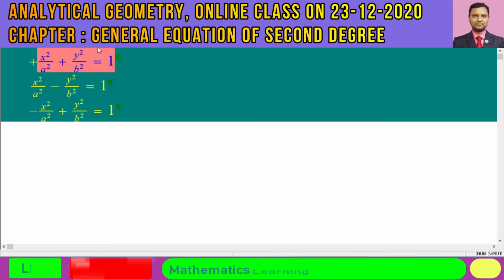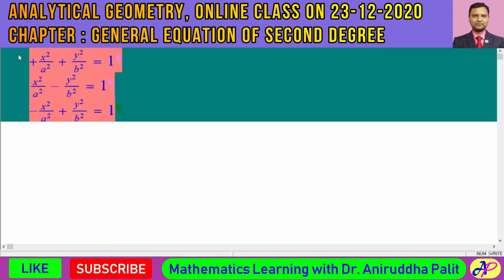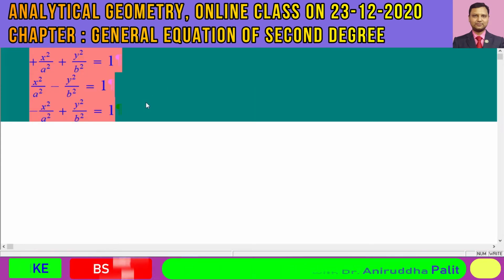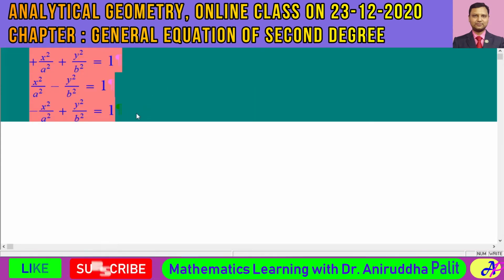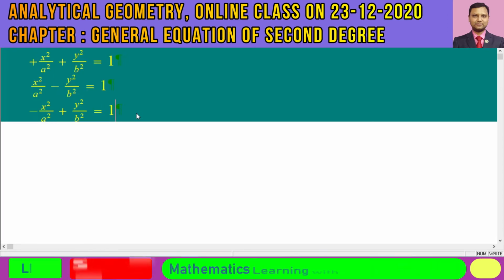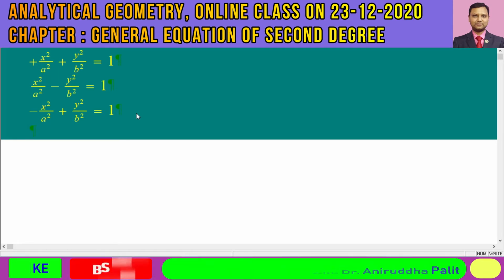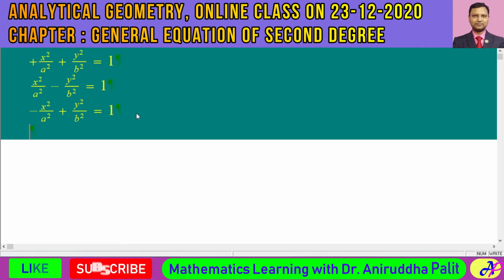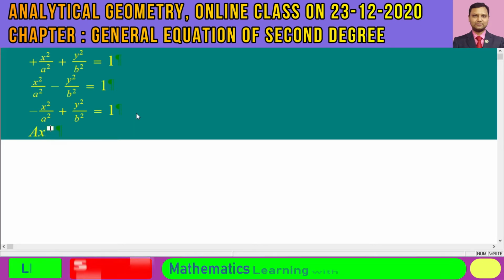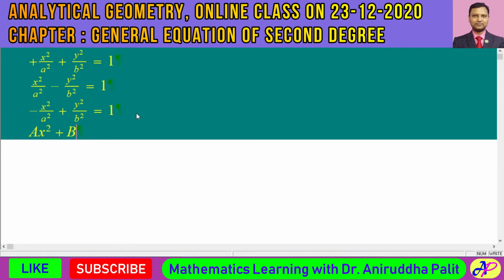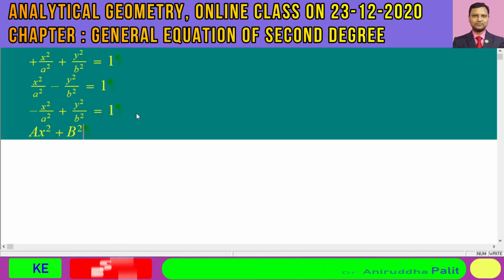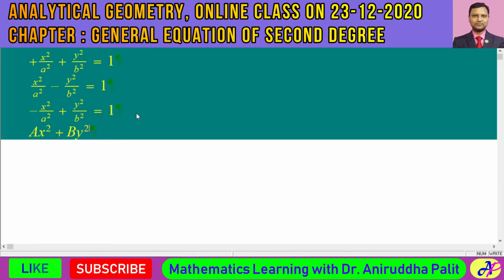Now these three equations, the equation of an ellipse and the equations of a hyperbola, can be combined together and written as A x square plus B y square is equal to 1.